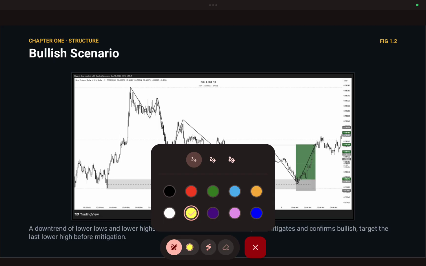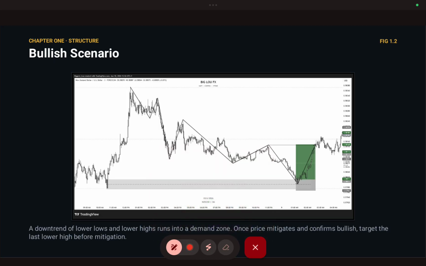So we could see that immediately it mitigated from this last lower high, lower low, confirmed the reversal here. The first target it has to clear is that last lower high, which is this one, and it took it out immediately.